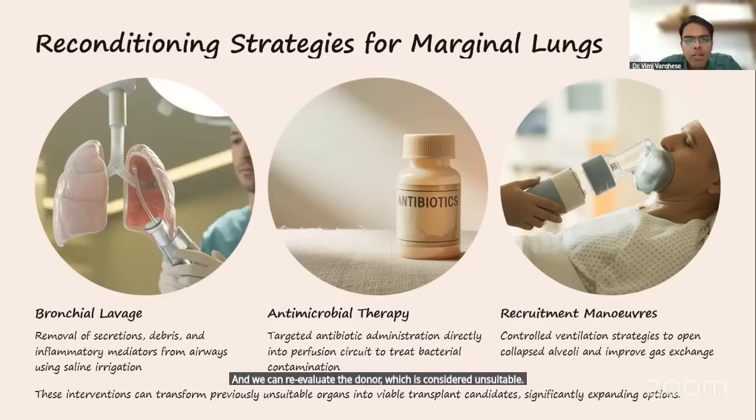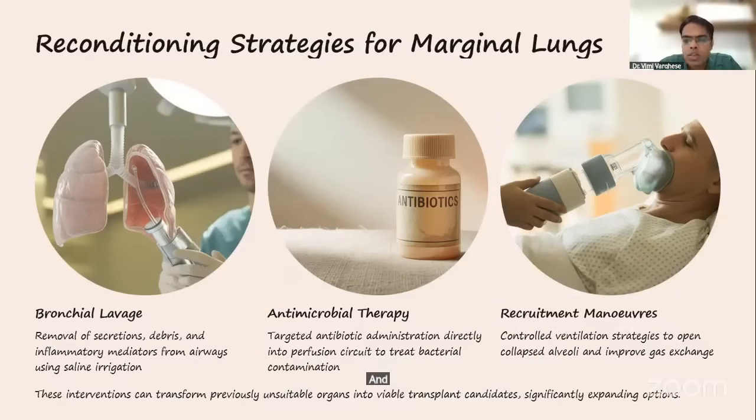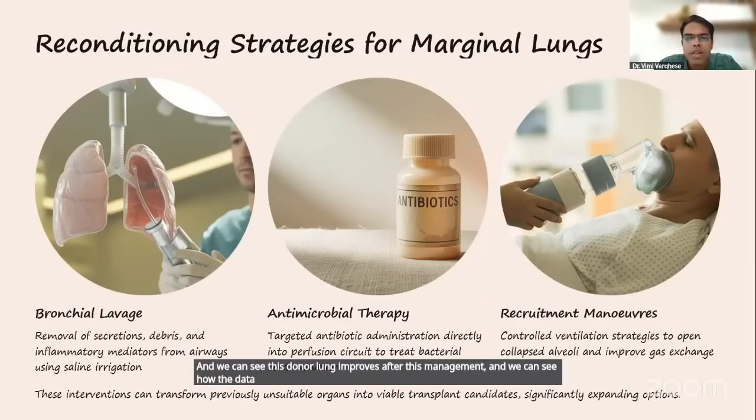We can have different strategies to condition the lung, and we can see this donor lung improves after this management, and we can see how the data also shows how it will change donor lung procurement.